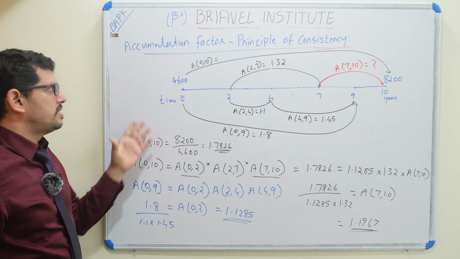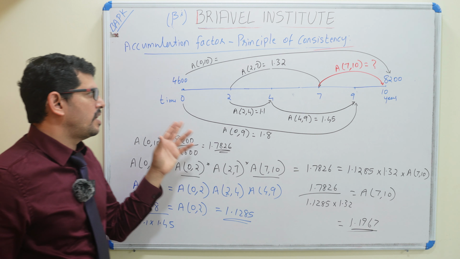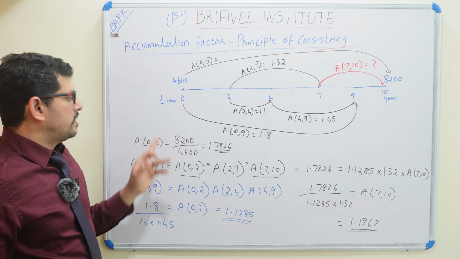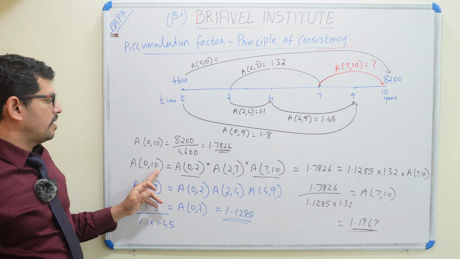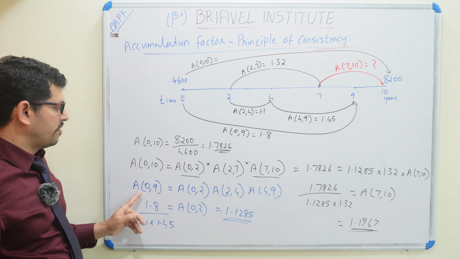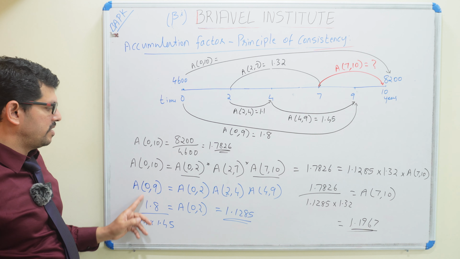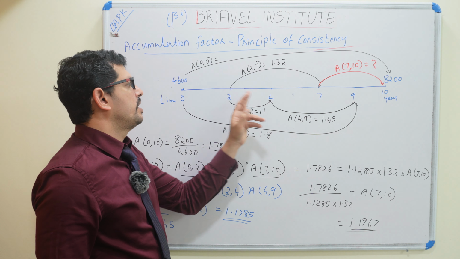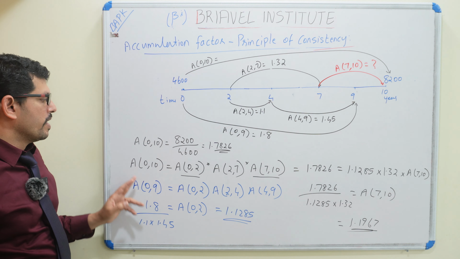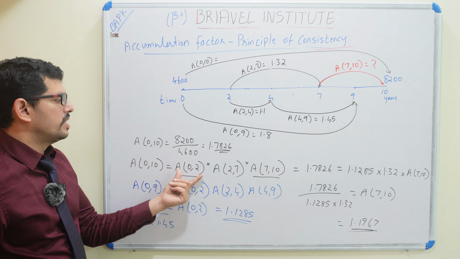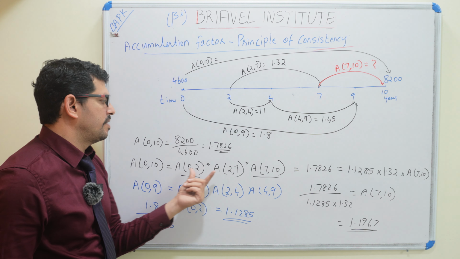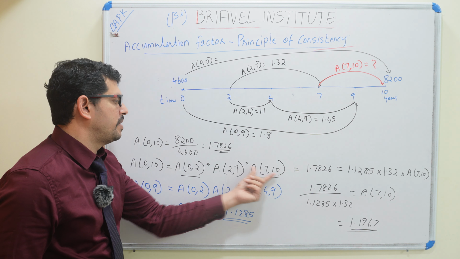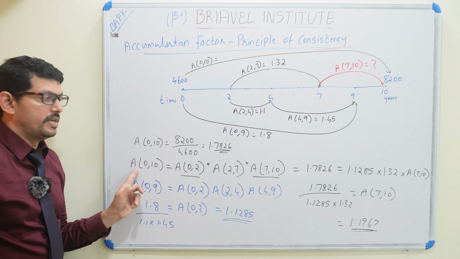Due to the principle of consistency, for time 0 to 10, whatever period, 0 to 9 also we can take, 0 to 8 also we can take, 0 to 7 also. So for any period of time, the product of the intermediate time periods is equal to the total accumulation.